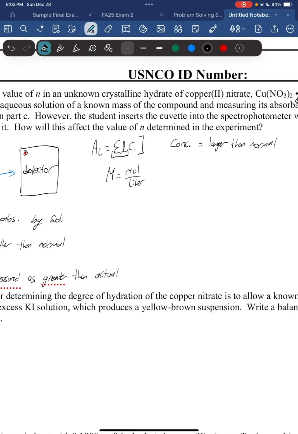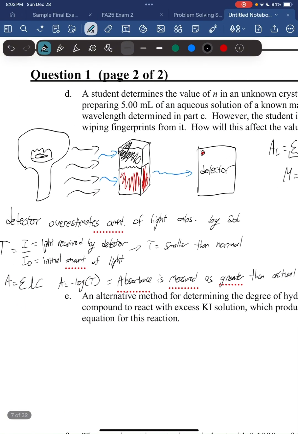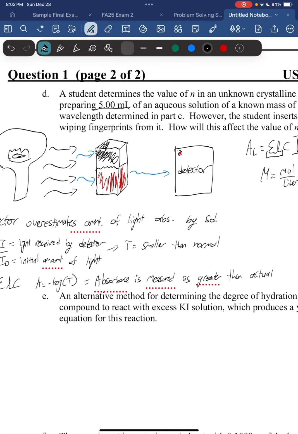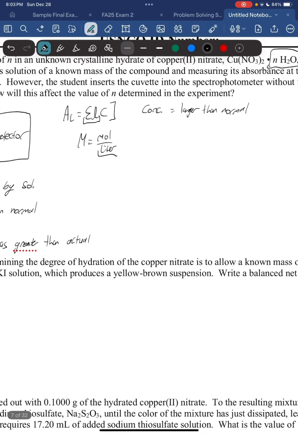So because we have a specific amount of water that we added, which is 5 milliliters, this number doesn't change. And because our concentration is larger than normal, it means the amount of moles that we have of our compound must also be larger than normal. So we have basically an overestimated amount of salt.